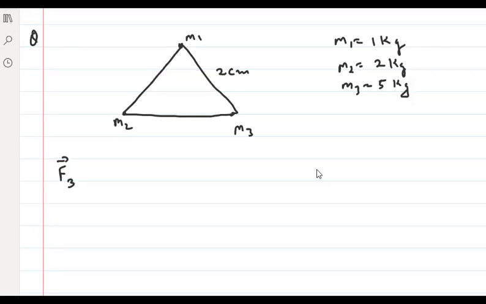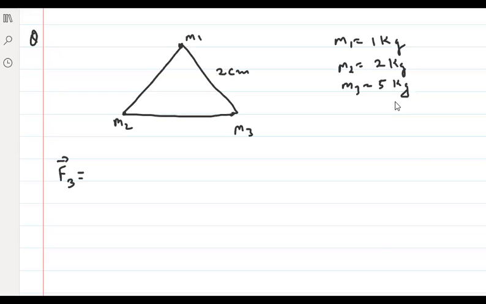Sneha, the question is to find the force on the third particle, F3. Do you have any object at the center? Before solving, think yourself: is there any particle at the center?